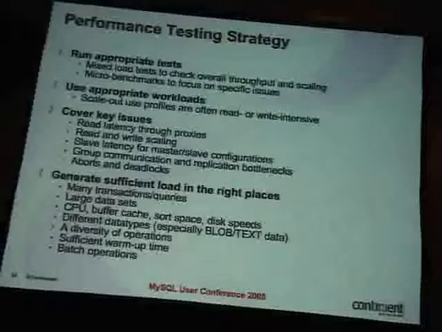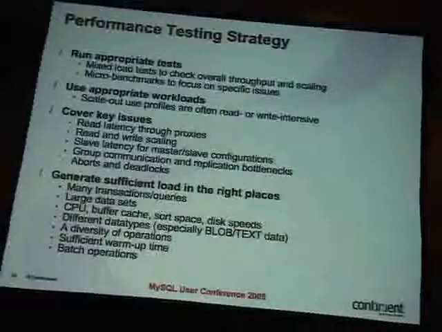As you're looking at performance testing, you have to have a strategy. And one of the reasons I covered the technologies in QA in general is you always want to be clear about what you test. What is the thing you're testing? What are its potential weak points? What are the risks? So the first thing is to run appropriate tests. You can use mixed load tests to do overall throughput and scaling.